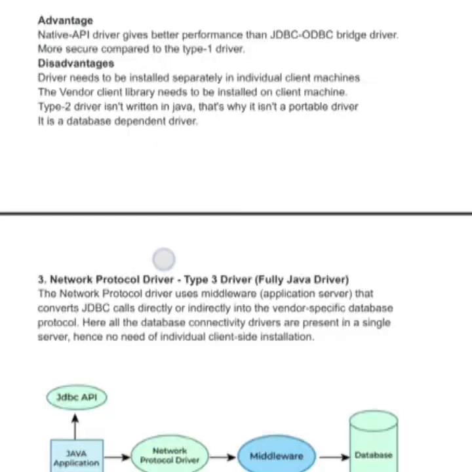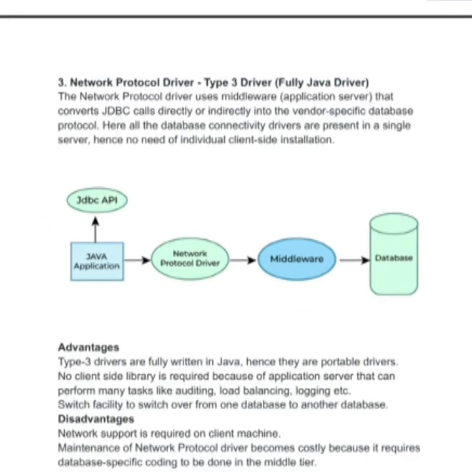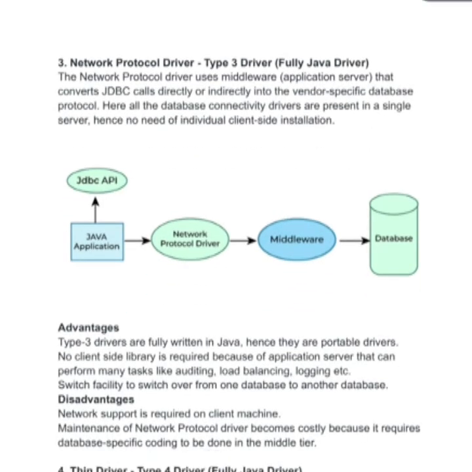So let us understand the third type of JDBC drivers, that is network protocol driver, which is also known as type 3 driver, and it is a fully Java driver. The network protocol driver uses a middleware application server that converts JDBC calls directly or indirectly into vendor specific database protocols.